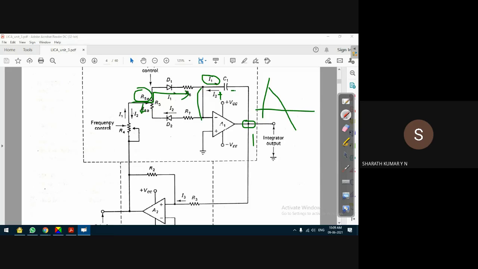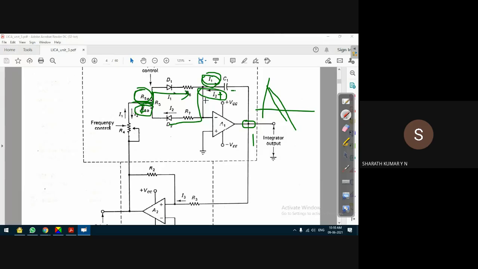While discharging, if R5A is smaller, the current I1 is larger and charging is faster, and R5B is larger. So what is current I2, guys?